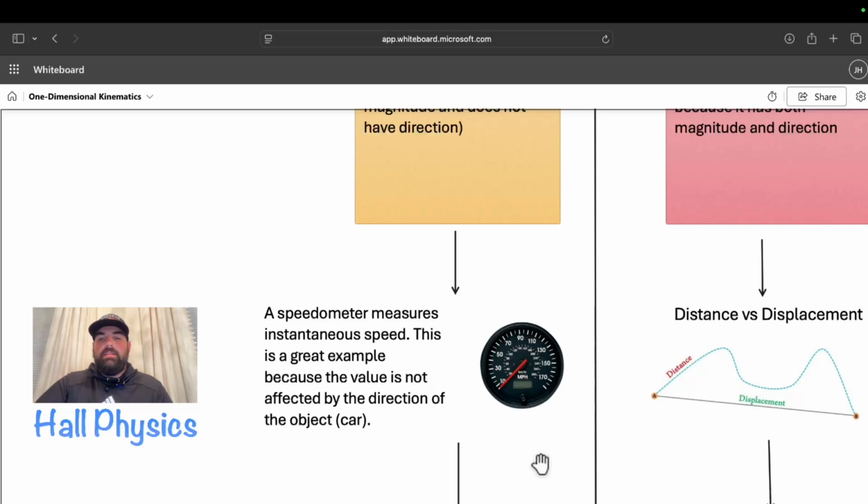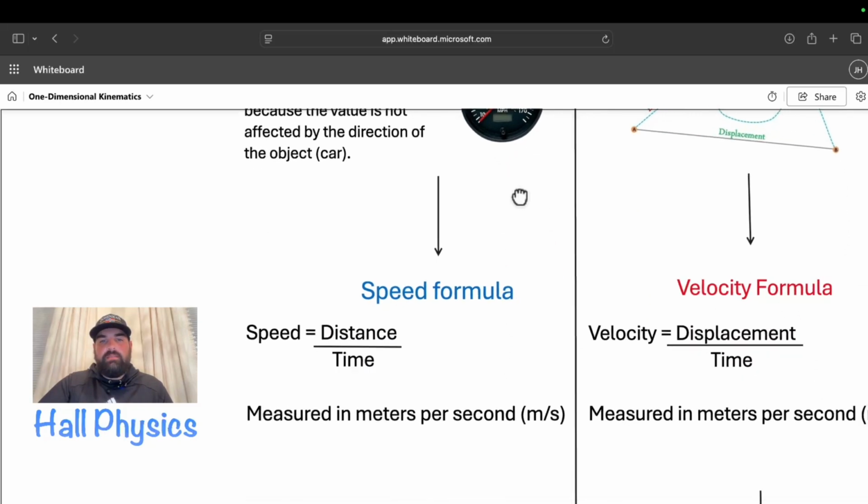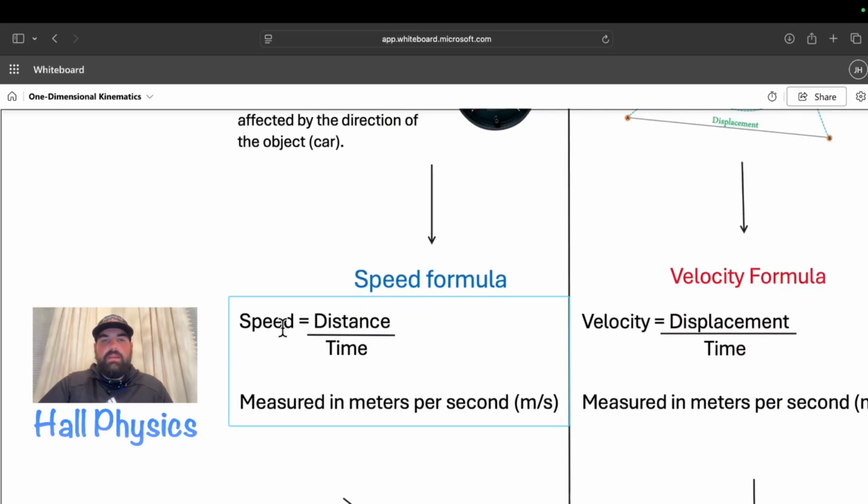All right, the next thing is, well, how do I calculate speed? Okay, and for us, speed is going to be the amount of distance you can cover over a certain period of time. Okay, so the formula would be speed equals distance divided by time.